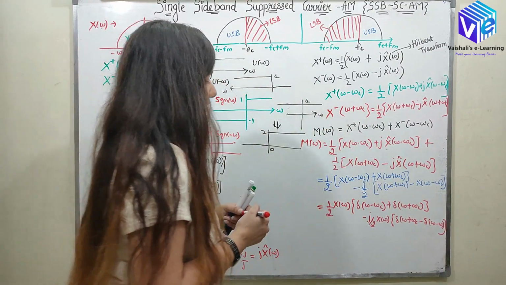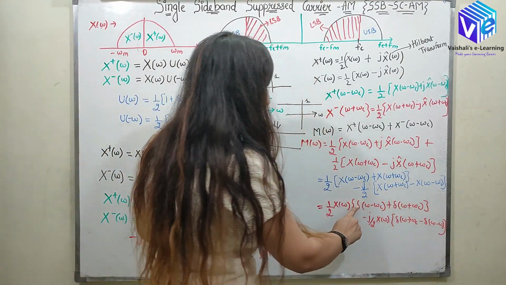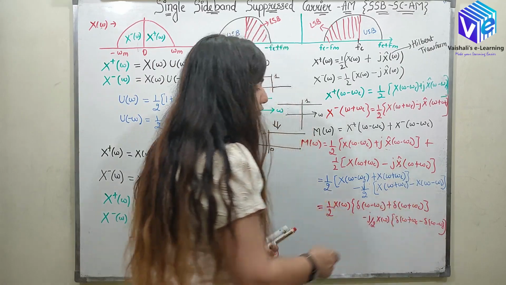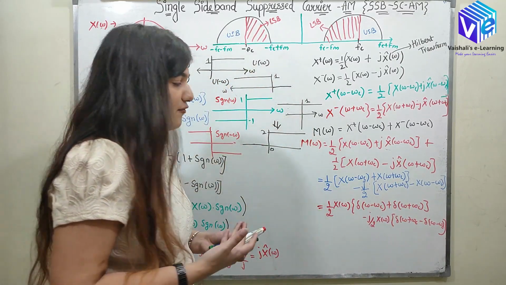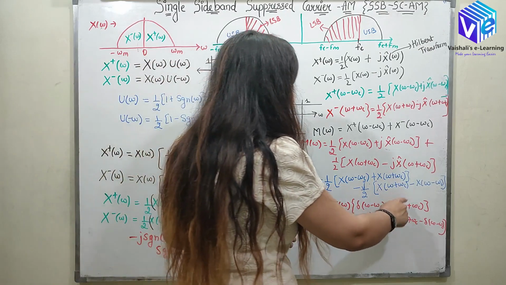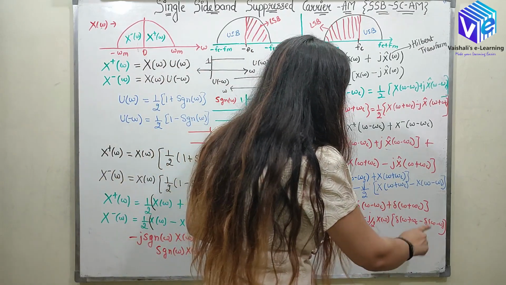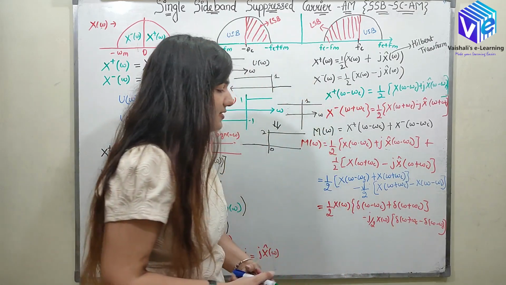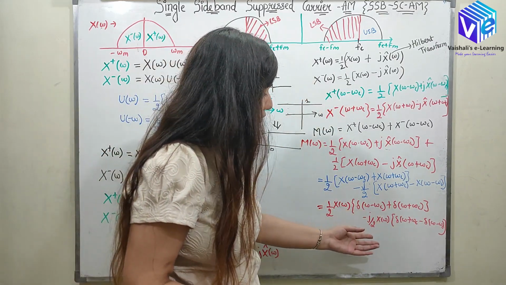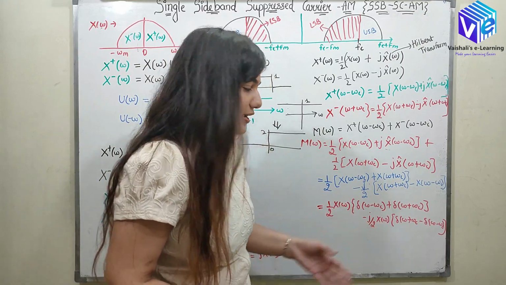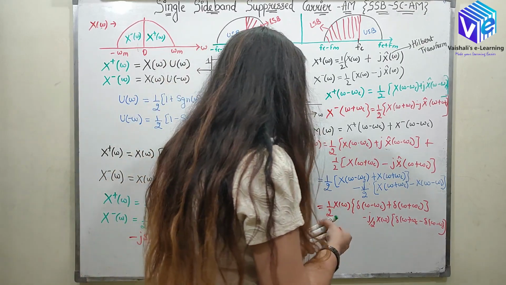So now this represents half of delta of omega minus omega c plus delta of omega plus omega c. It represents the Fourier transform of cos of omega c t. Similarly here, it represents delta of omega plus omega c minus delta of omega minus omega c upon 2j. It represents the Fourier transform of sine of omega c t.